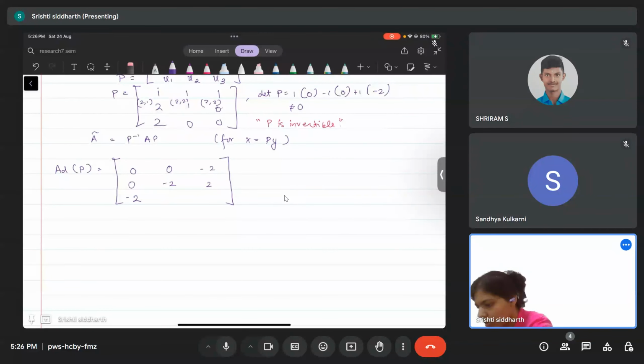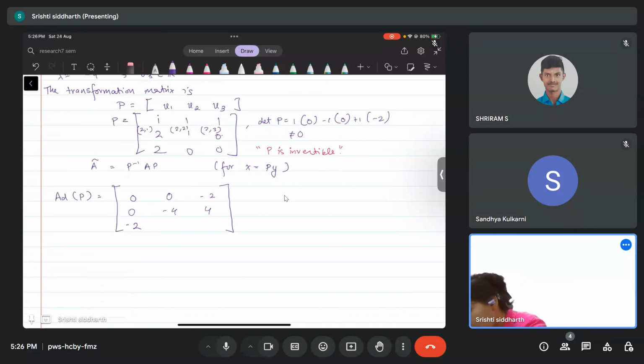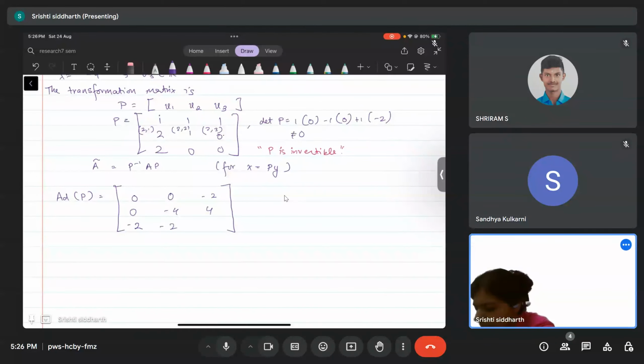This is -2, and then we have -2 again, and then the last one is -1. Just a second, I should check it again.